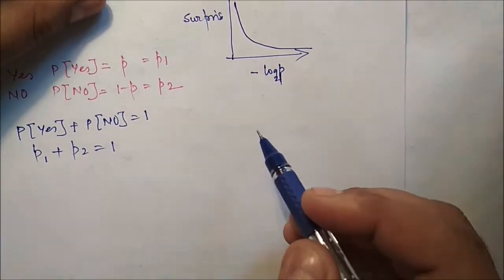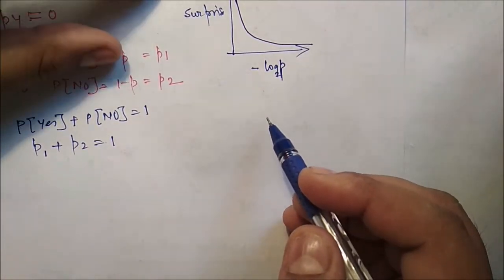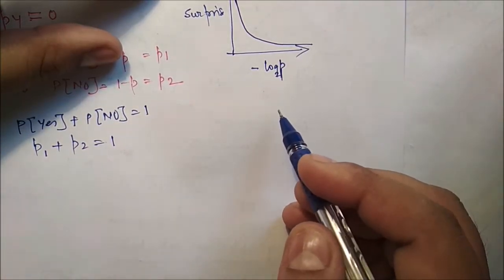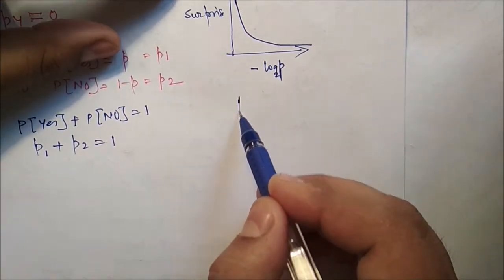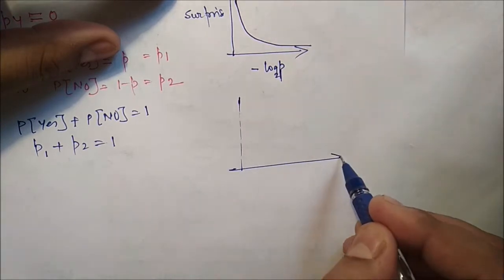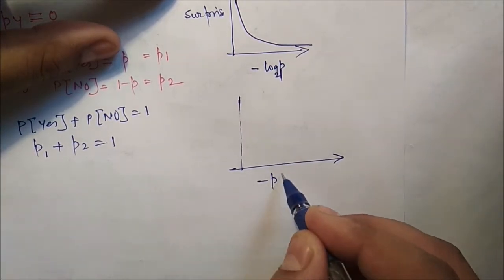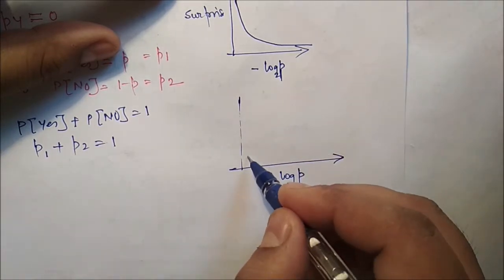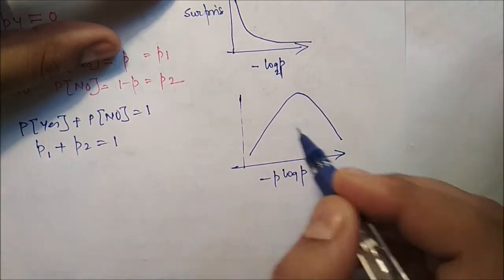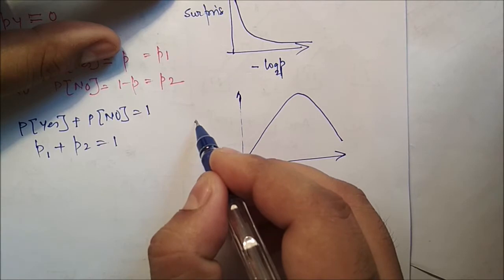Similarly, we can get the relationship between expected information and surprise. Expected information means p log p is the expected information, so it will be like this. So this is our surprise.